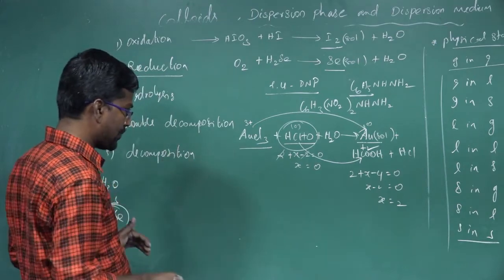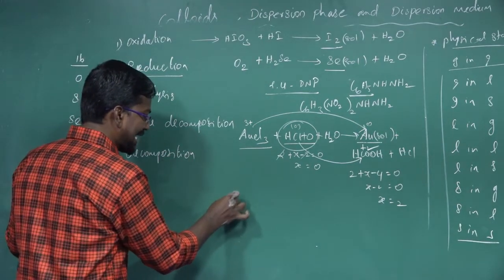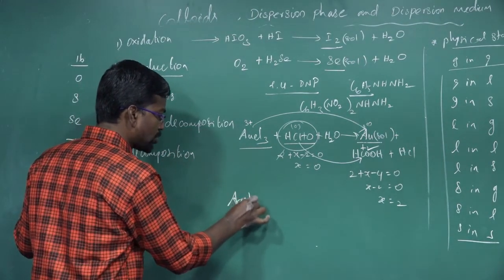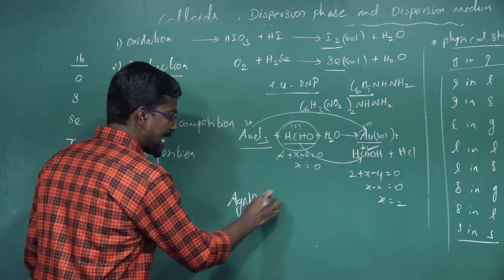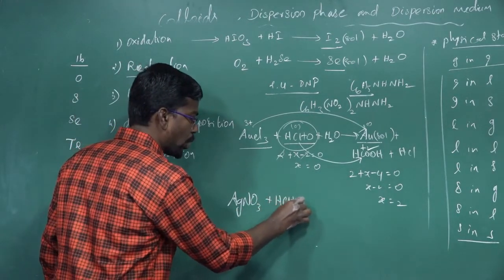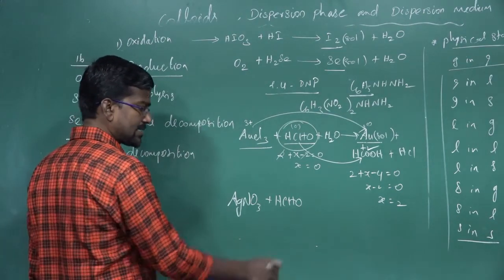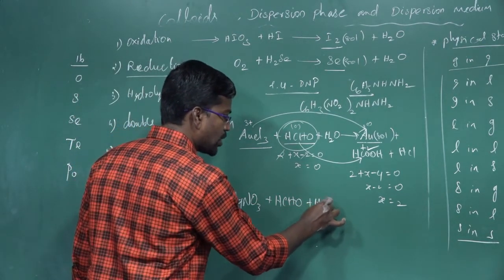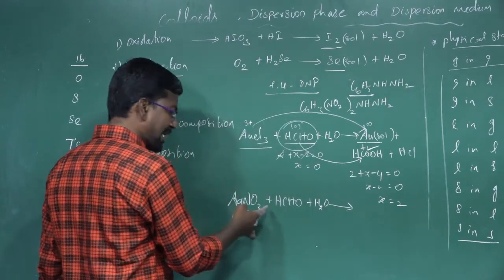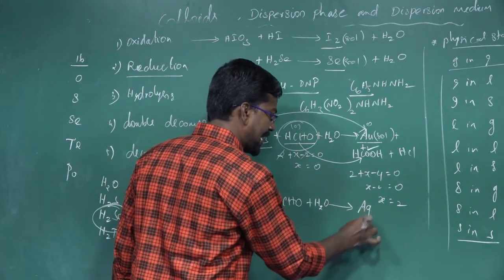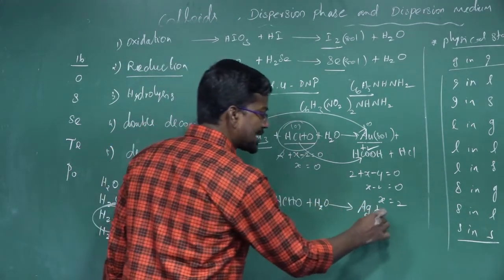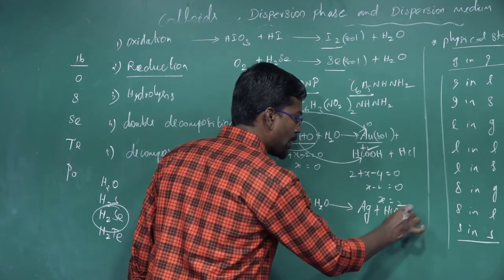And in the same way, silver nitrate, AgNO3, reacts with formaldehyde, HCHO, or tannic acid, or phenyl hydrazine, or 2,4-DNP, or acetaldehyde, within water to form the product. The silver nitrate is reduced to a silver mirror, and formaldehyde is oxidized to form formic acid, HCOOH.